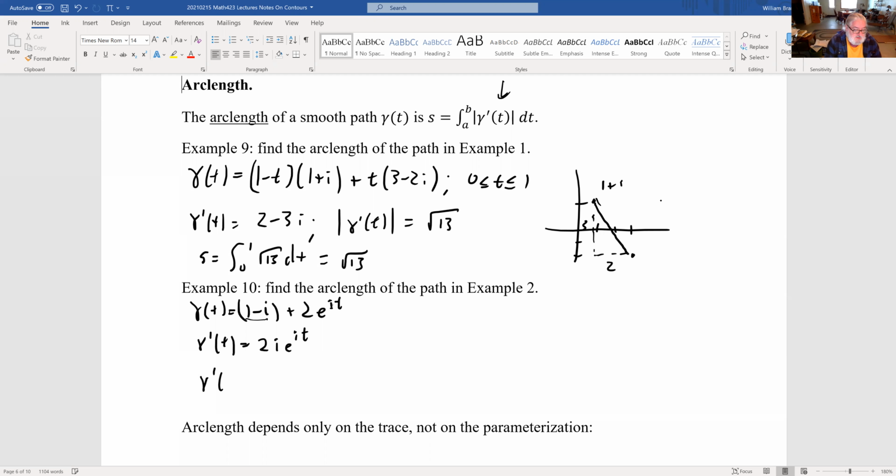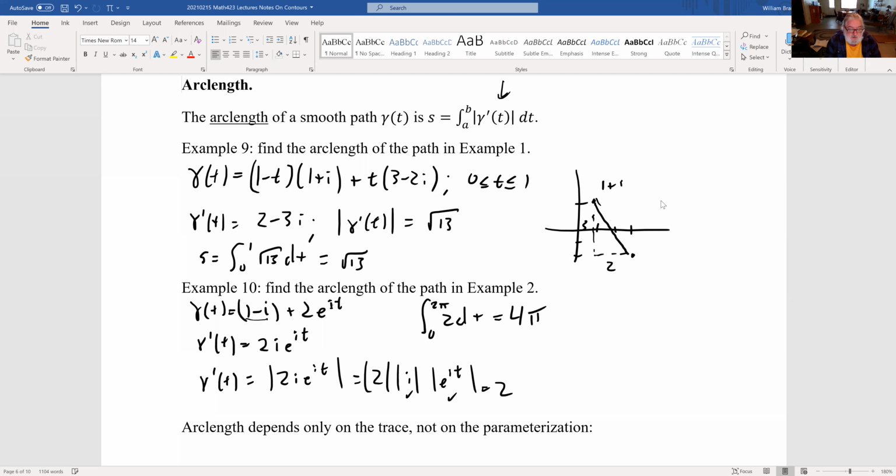So what's the modulus of gamma prime of t? It's 2 times the modulus of i times the modulus of e to the it. But again, this is 1, so the whole thing is just 2. So we get the integral from 0 to 2 pi of 2 dt, which is 4 pi, which makes sense because if you have a circle of radius 2, it better have a circumference of 4 pi. So there's the arc length of that path.